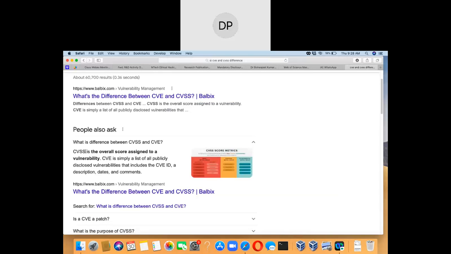CVSS is the overall score assigned to a vulnerability. And CVE is simply a list of publicly disclosed vulnerabilities that includes the CVE ID, a description, dates, and comments.